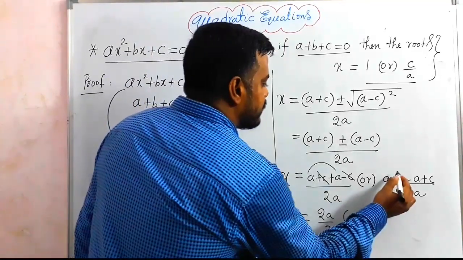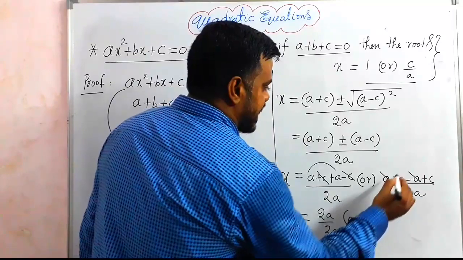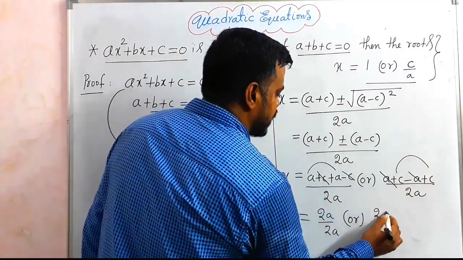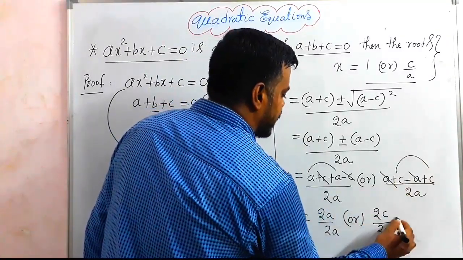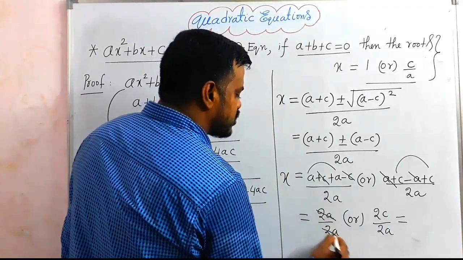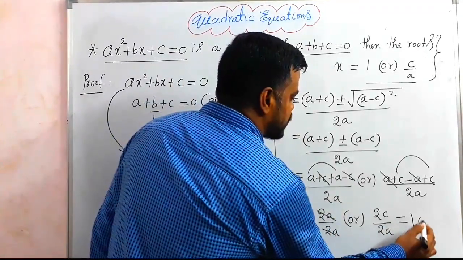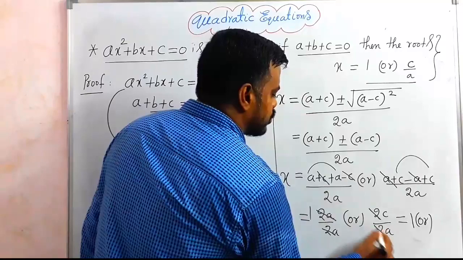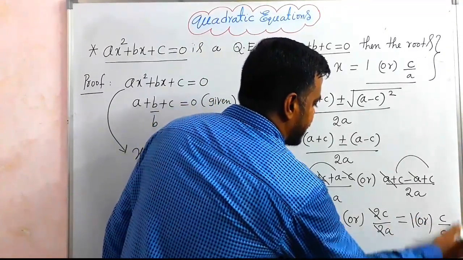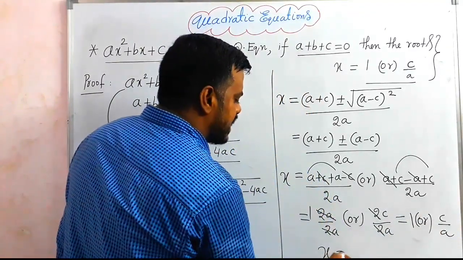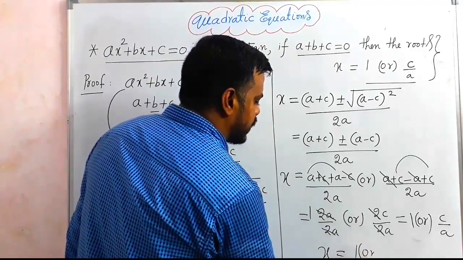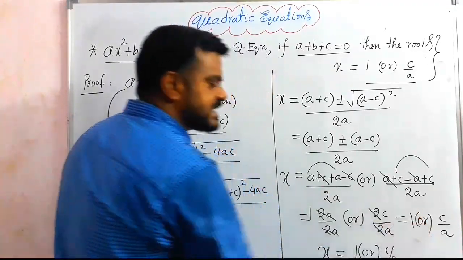Or plus a minus a gets cancelled: c plus c, 2c by 2a. Now 2a gets cancelled, that is 1, or 2 gets cancelled, that will be c by a. So finally you can write x is equal to 1 or c by a.